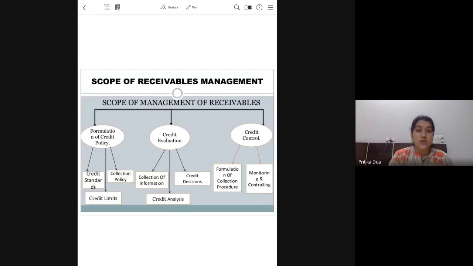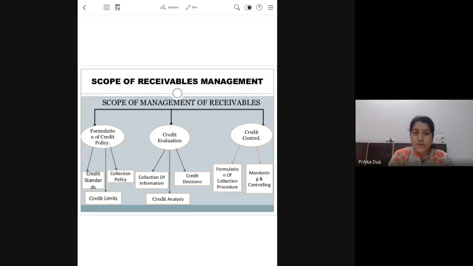Now, the financial manager has to decide whether the firm should go for a liberal credit policy or a conservative credit policy. What do we mean by liberal credit policy?